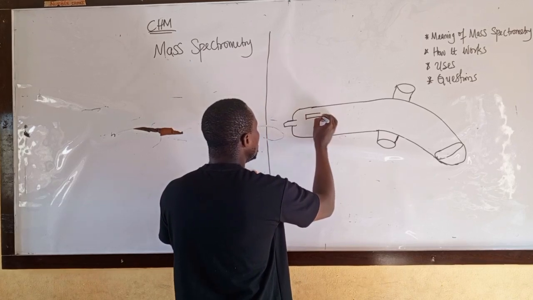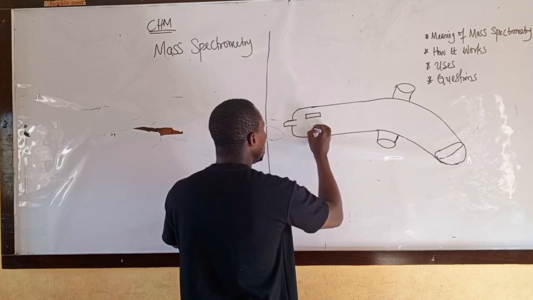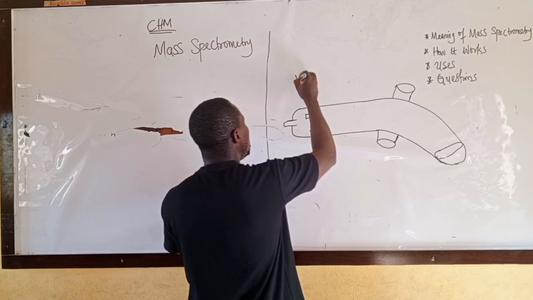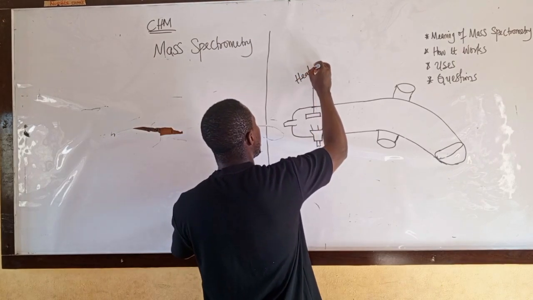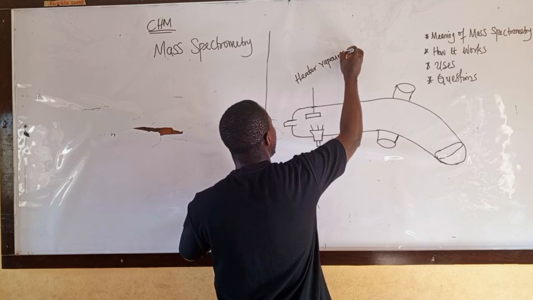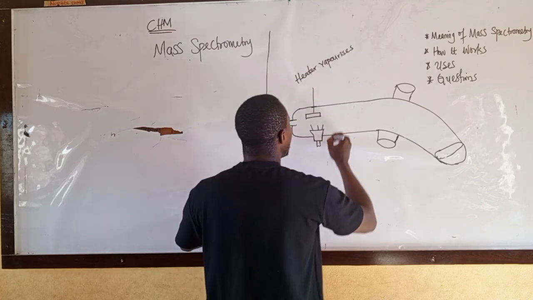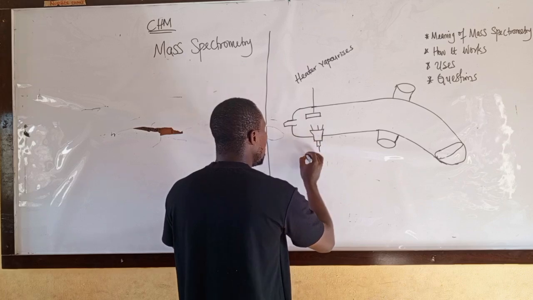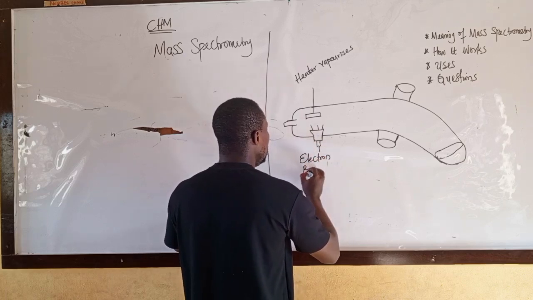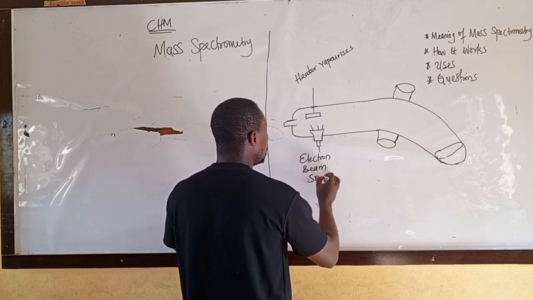We have this. This place is where the ether vaporizes the sample. Then we have the electron beam source.